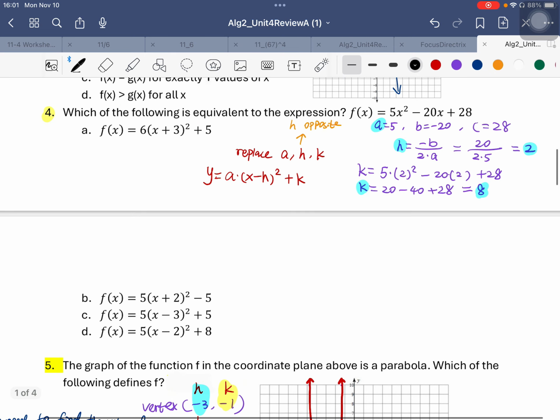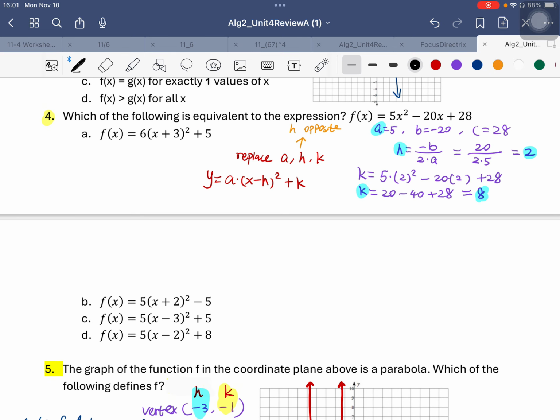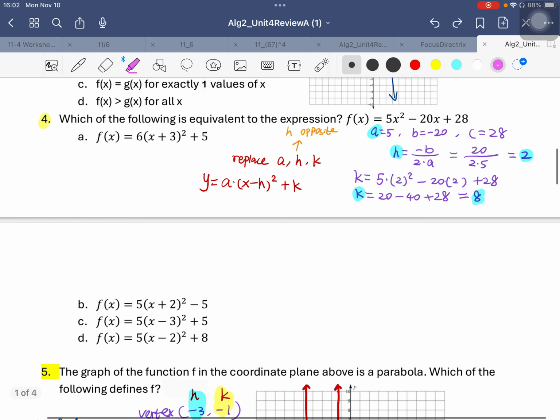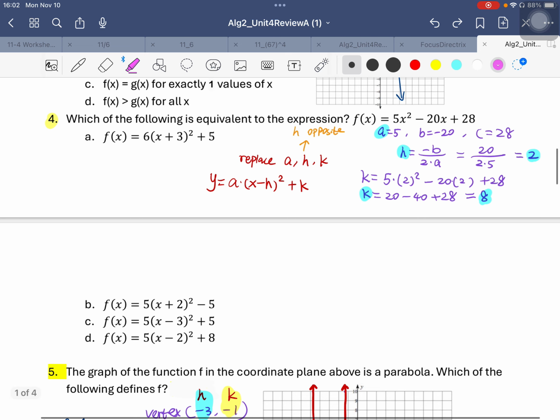Question 4. Which of the following is equivalent to the expression? It gives you the standard form, and it's asking you to find the vertex form. From the standard form, I can find a equal to 5, b equal to negative 20, c equal to 28. To find the h, h is negative b over 2a.